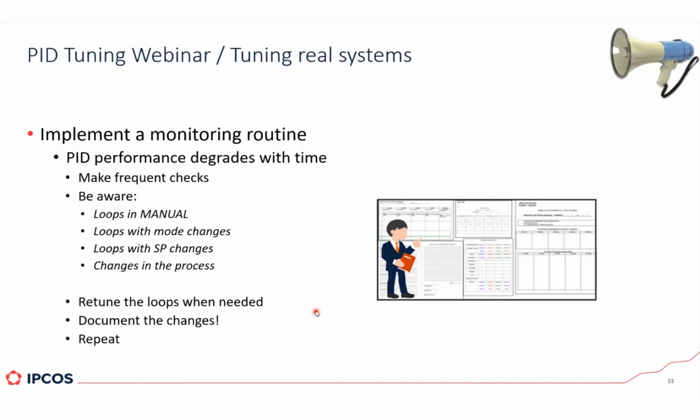Okay, but the idea is that we know that the performance of the PID degrades with time, right? So we need to make frequent checks, and one way of doing that is doing frequent checks and being aware of loops in manual, loops with mode changes, loops with set point changes, and changes in the process.